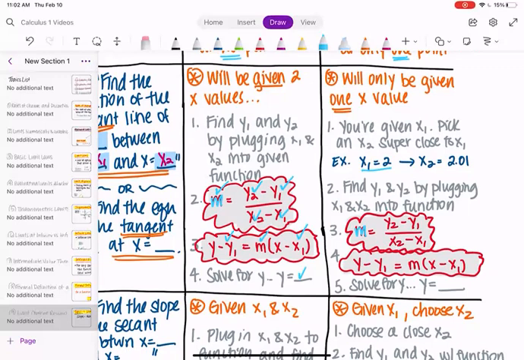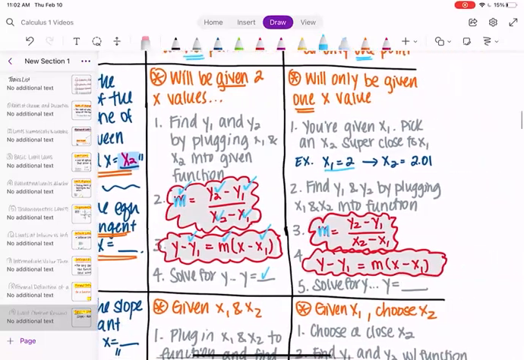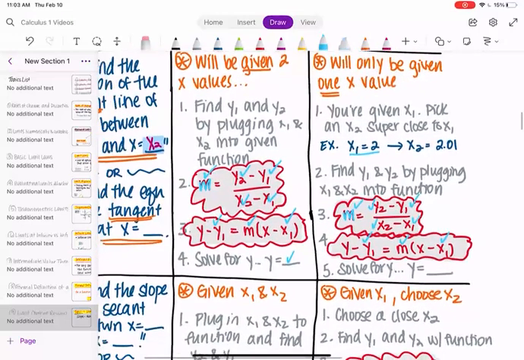For example, for a secant line, the values could be x equals 1 and x equals 3. For a tangent line, it would look more like x equals 1 and 1.01. That's a much, much tighter window. Then we plug 1 in to get that function value, and do the same with 1.01. Now we have m, and we plug that in, and you can use the value you were given. A lot of times that'll be a whole number, so it's easier to plug in and distribute, or you can use the other x value, it doesn't matter.